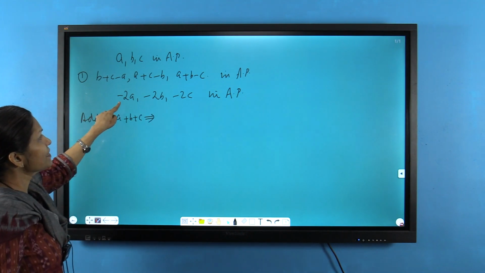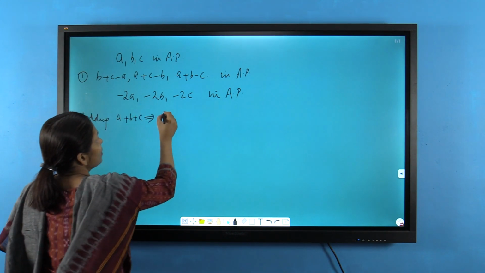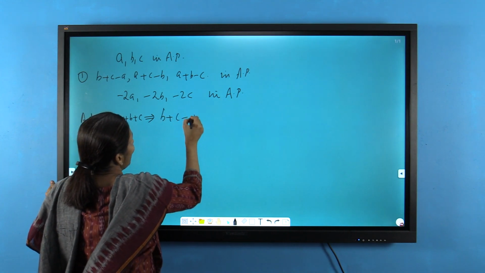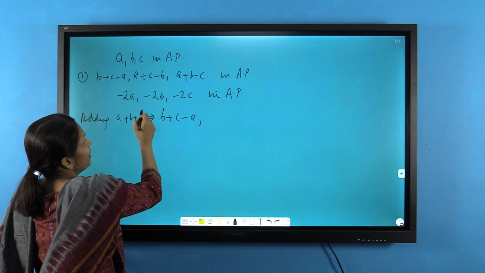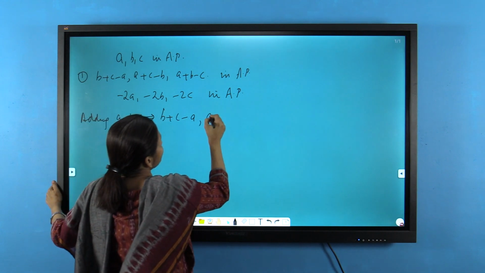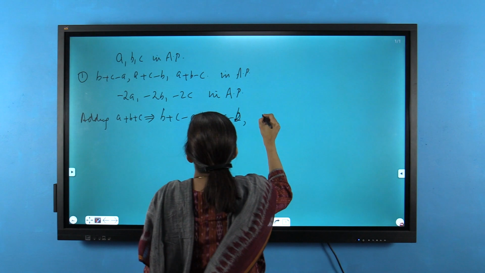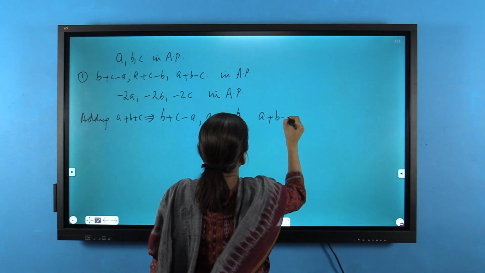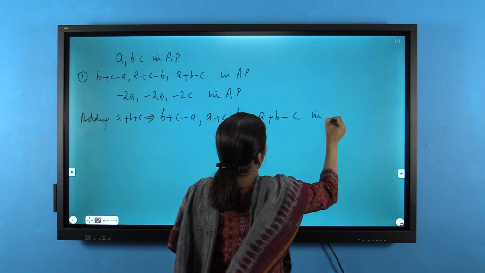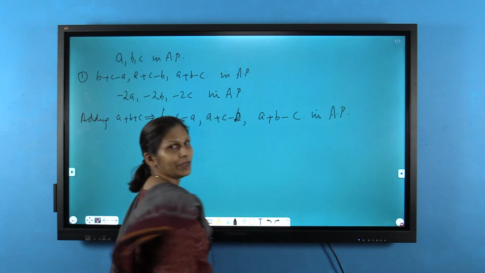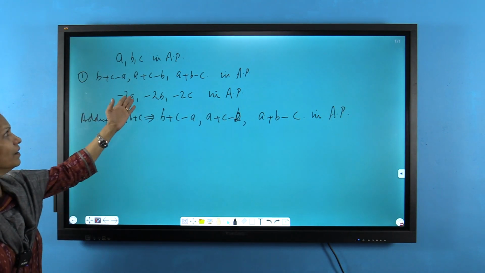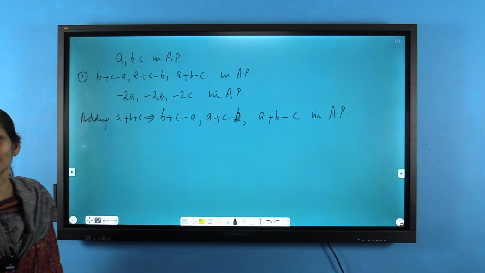A plus B plus C minus 2A. What is that? B plus C minus A. A plus B plus C minus 2B gives A plus C minus B, and A plus B minus C are also in AP. This is the way you have to prove this result.